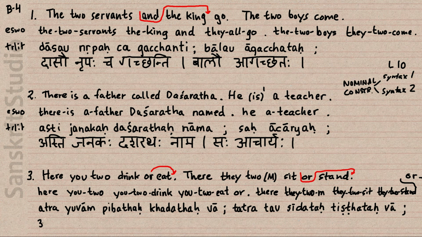And atra, we do it in Devanagari here. Atra, short U sound, yuvam, long A, yuvam, piba, and then we have a T, pibatha.